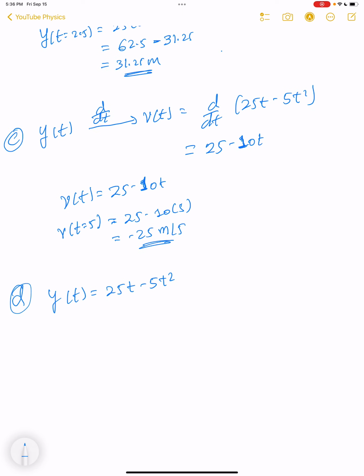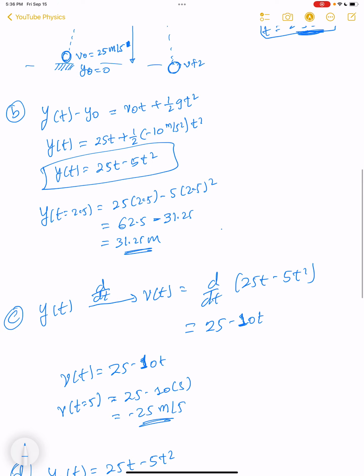So y of t is 0, it has returned to its original value: 25t minus 5t squared equals 0. This is 5t times (t minus 5) equals 0, so t equals 0 or t equals 5. The first time it passed that position was at time t equals 0 when you threw it up, and the next time is at time equals 5 seconds. So this is the end of this question. Thank you.